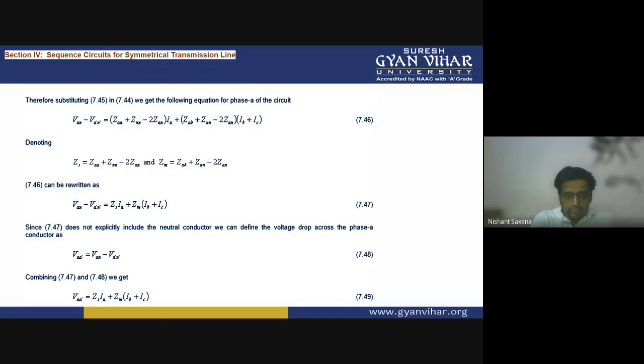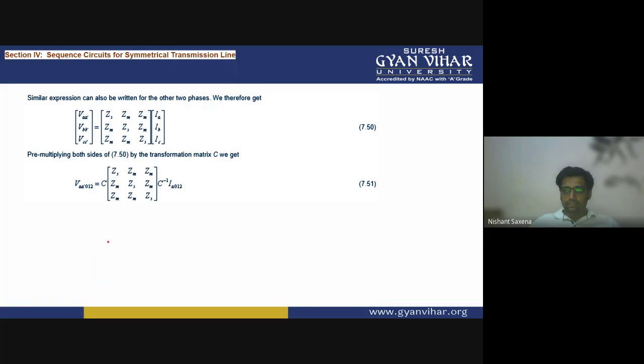It can be clearly seen that the voltage for phase A, between the two ports A and A dash, is ZS, which is a self impedance including the neutral, times IA, plus the mutual impedance ZM with IB and IC for the other two phases.